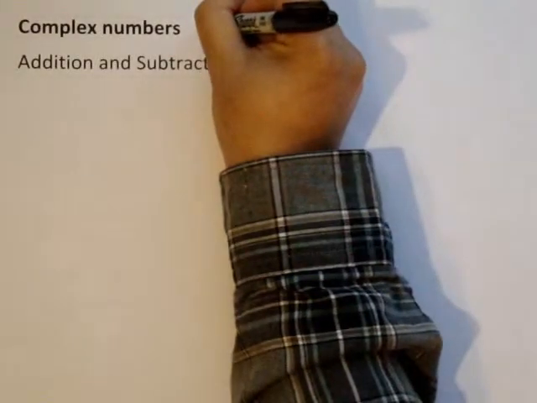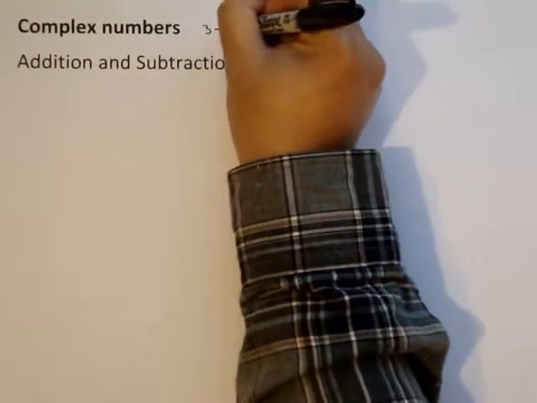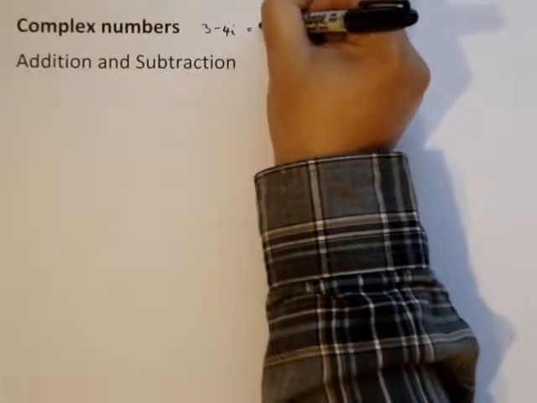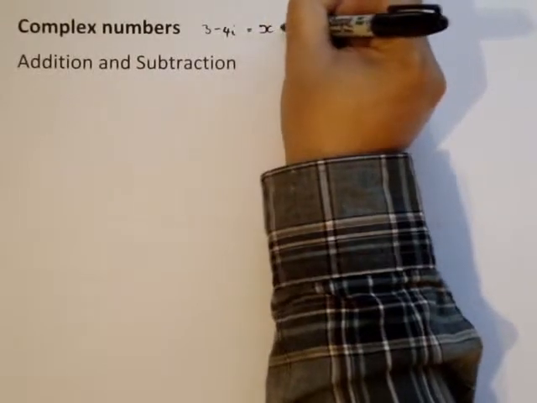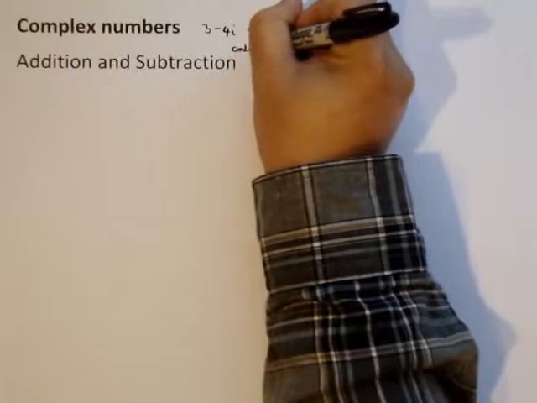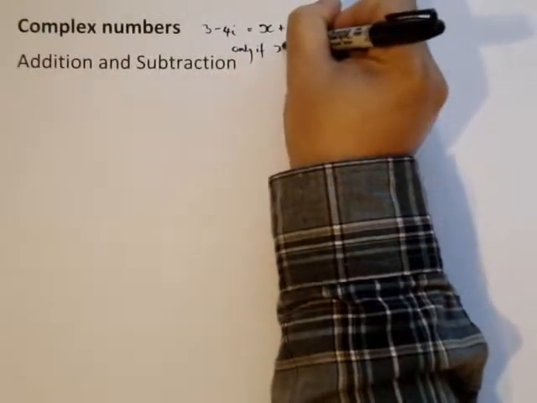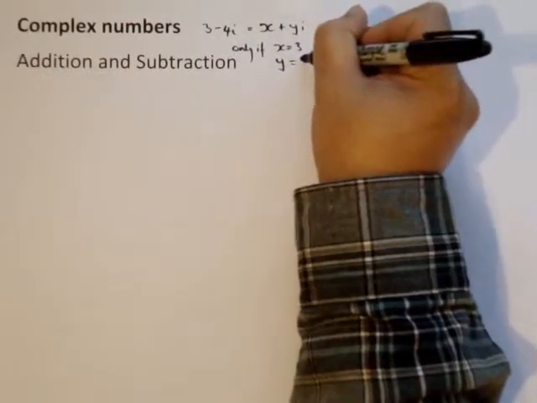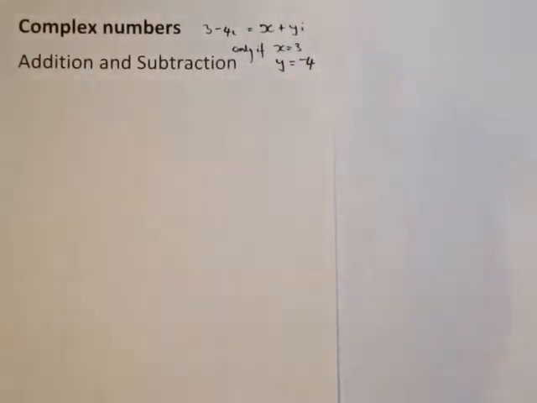Okay, let's have a look at the addition and subtraction of complex numbers. Now we have to remember that for a complex number, for example 3 minus 4i, we can write x plus yi only if x equals 3 and y equals -4.